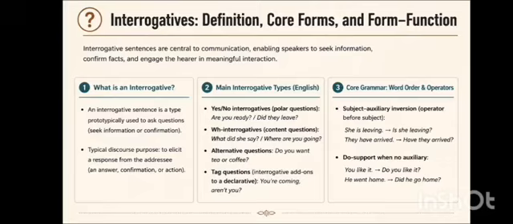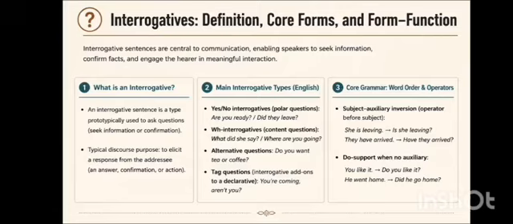The auxiliary verb or operator is placed before the subject. For example, declarative sentence: she is living. Interrogative sentence: is she living? In declarative sentence we have: they have arrived. But in interrogative sentence we say: have they arrived?